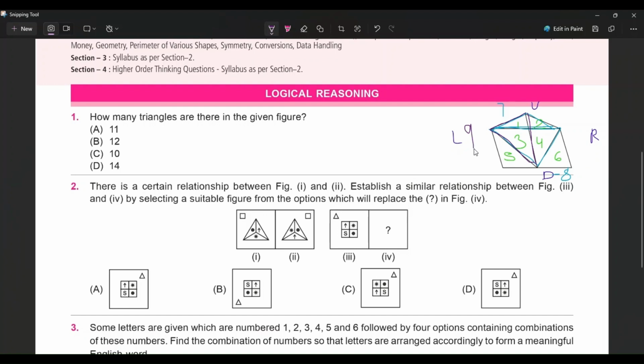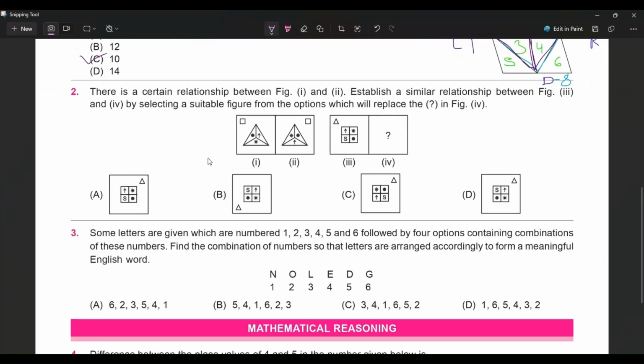Left side, this is 9. Right side, this is 10. So how many triangles are there? There are 10 triangles in the given figure. Option A 11 wrong, option B 12 wrong, option C 10 is the right answer, children.